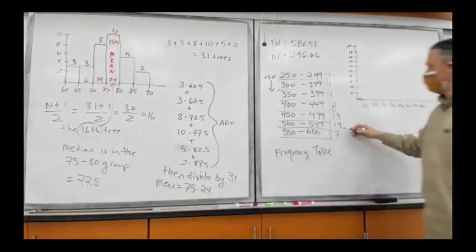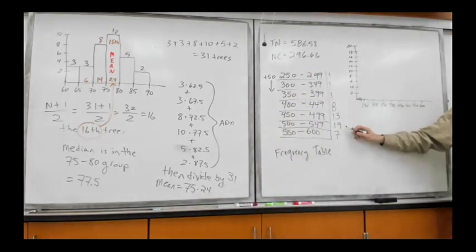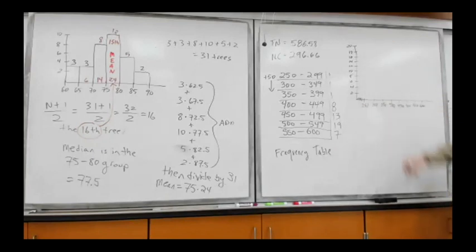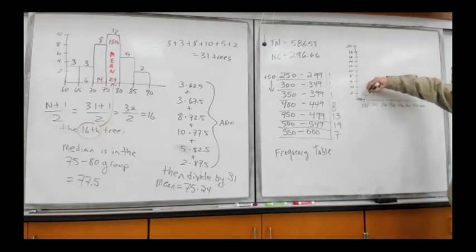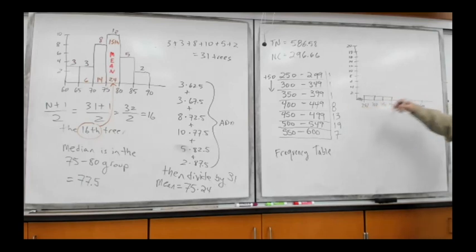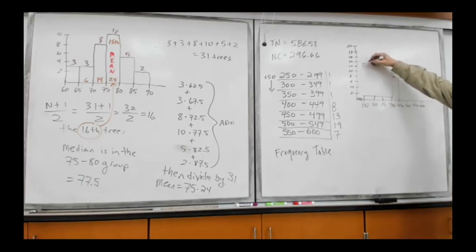Since the largest frequency was 19, okay, and then we can do the height of our bars. So all of these first three are 1s. And then we got the 8, so that would be right about here. And then we got the 13, and that would be right about here.